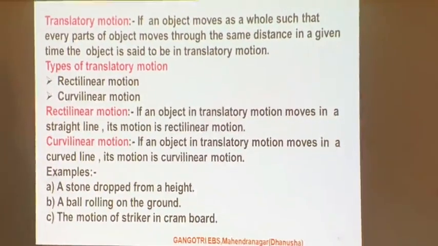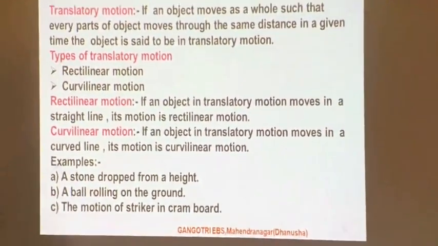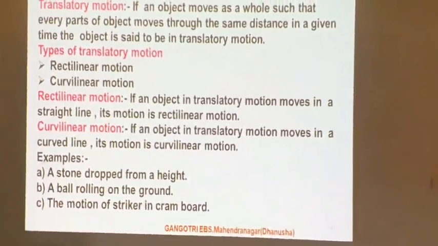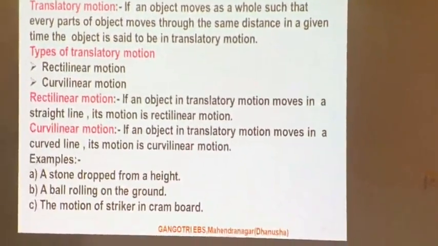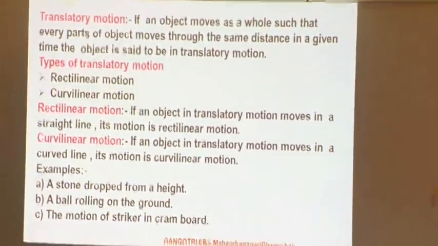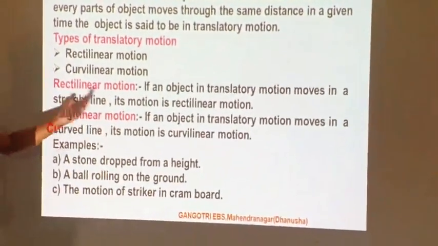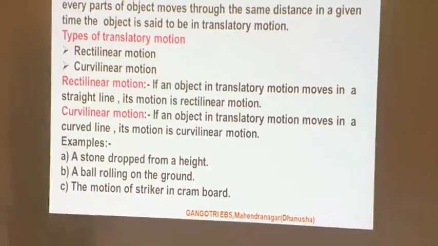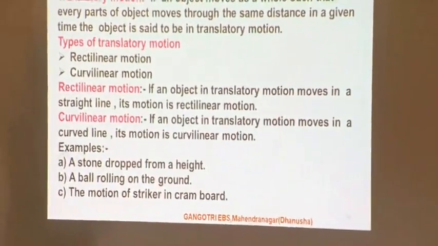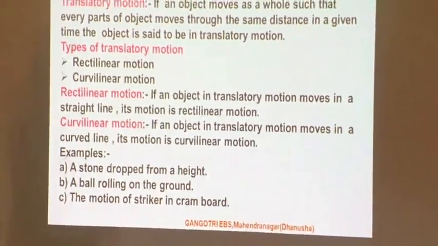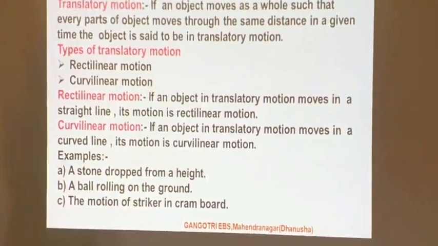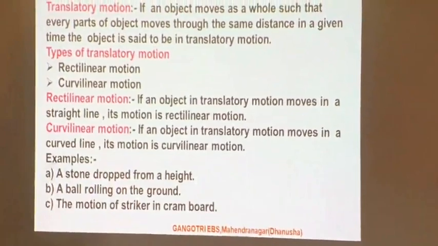Curvilinear motion means if an object in translatory motion moves in a curved path, such motion is called curvilinear motion. Examples are a stone dropping from a height, a ball rolling on the ground, the motion of a striker in a carom board.